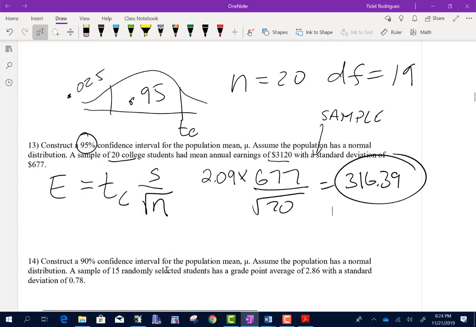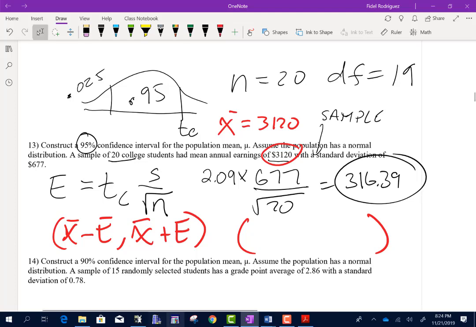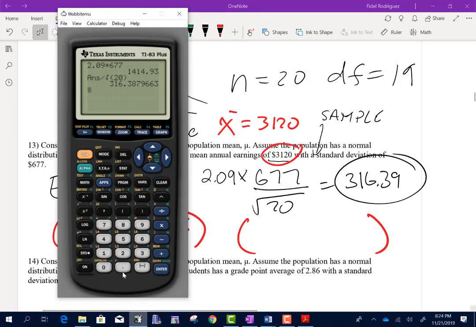Now remember the way we find our interval: it's always going to be x bar minus the error and x bar plus the error. Everybody agree that in this problem our x bar is equal to 3120? So I take 3120 minus the error.